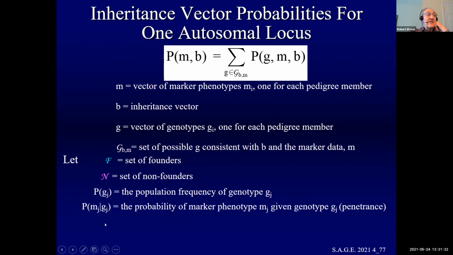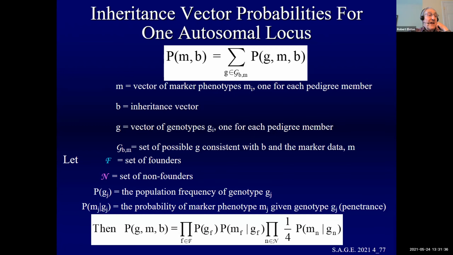It's the penetrance. This is the penetrance. Then this particular value here is just for all founders. It's the probability of the founder genotype times the penetrance, the probability of the marker given the founder genotype.